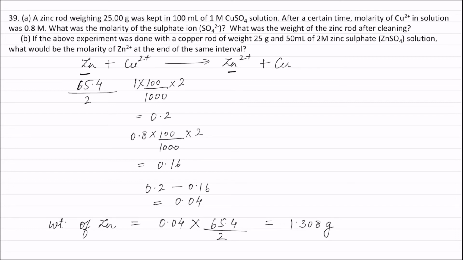So 1.308 grams of zinc changed to Zn2+ ions. Therefore, the weight of the zinc rod after the reaction will be 25 minus 1.308, and this is equal to 23.692 grams.